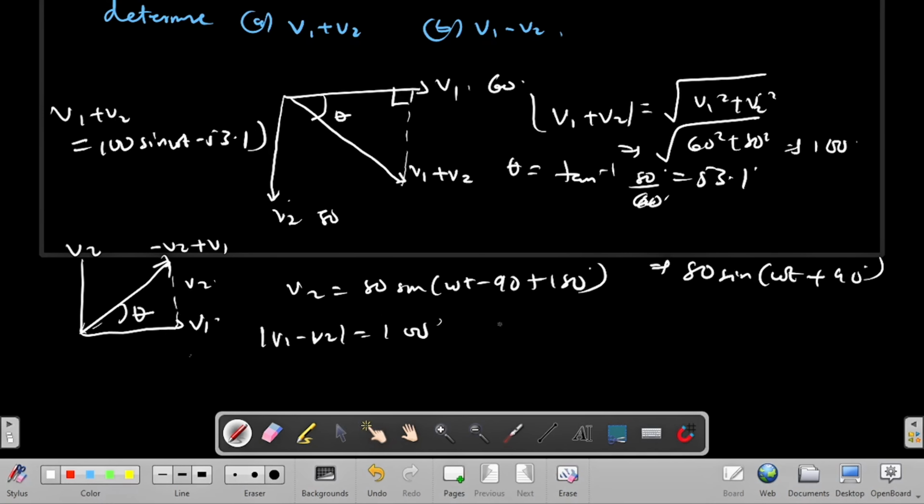Theta is equal to tan inverse of V2 over V1, which is also 53. But here the difference is that we are now leading. V2 is now leading, so our phase difference is still going to lead. So the answer is 100 sine omega t plus 53.1.